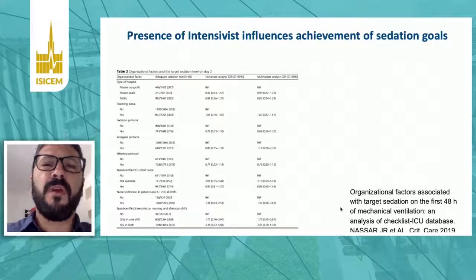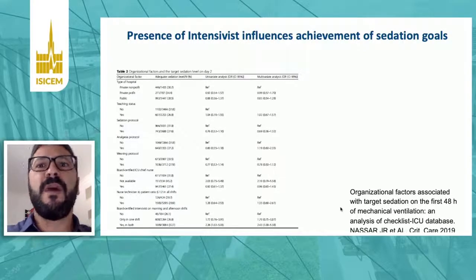Also, coming from a sub-study from the checklist trial that I recently showed, we evaluated what were the factors that could be associated with some of the process of care measures and achievement of goals, such as sedation goals.